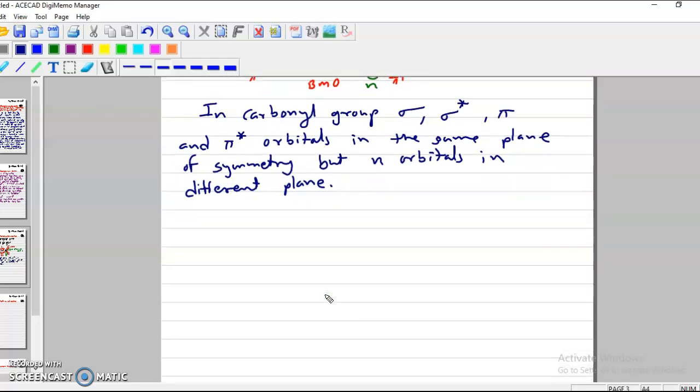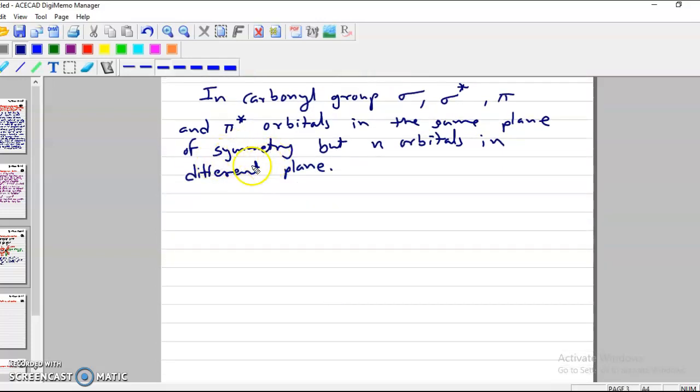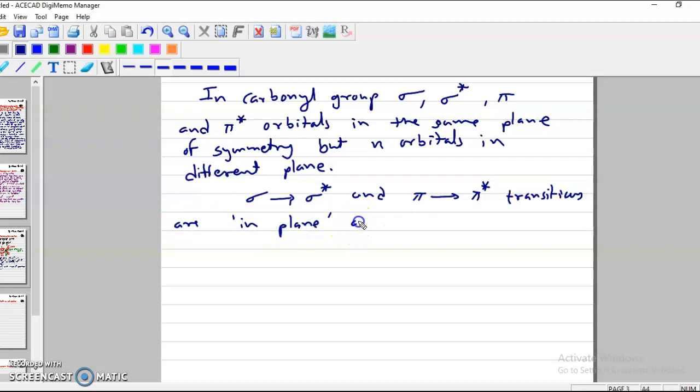So in the carbonyl group, sigma to sigma star transition and pi to pi star transitions would be in plane transitions and smooth.